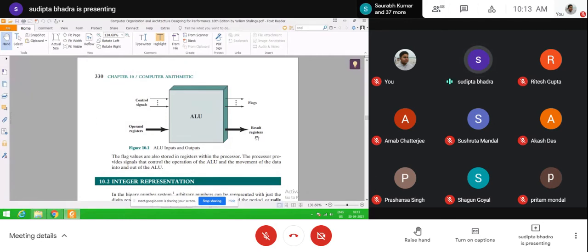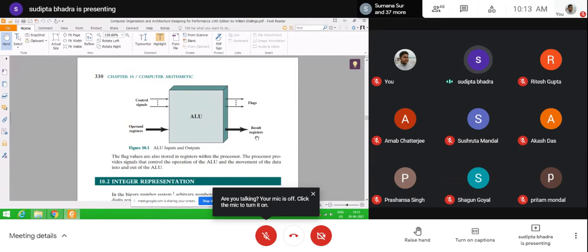This overflow condition is represented by a flag bit.